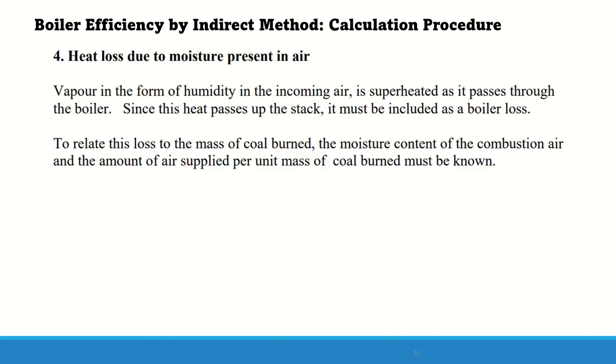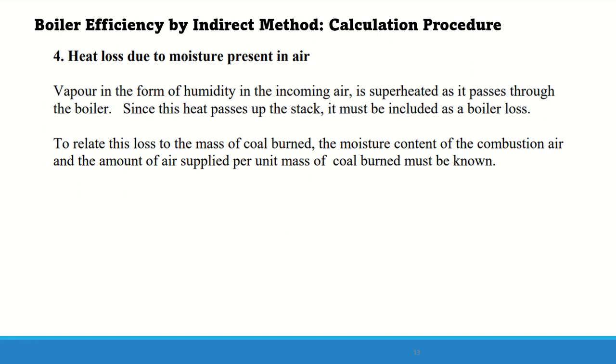The next loss is loss due to moisture present in air. Everybody knows the psychrometric concept, which means the air has a certain amount of moisture. That air is supplied to the boiler. That moisture is converted to steam and absorbs some heat from the boiler and escapes to the atmosphere.